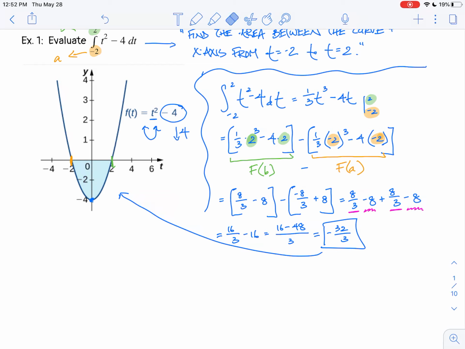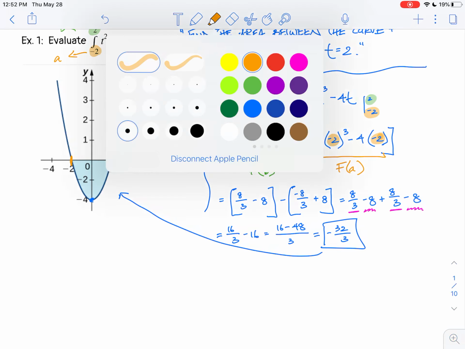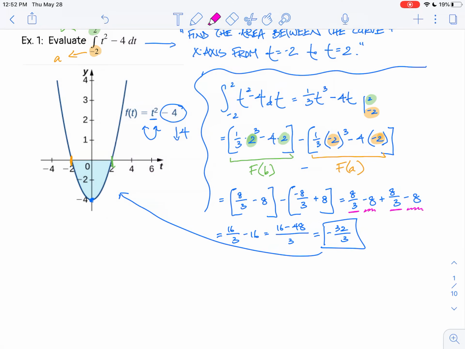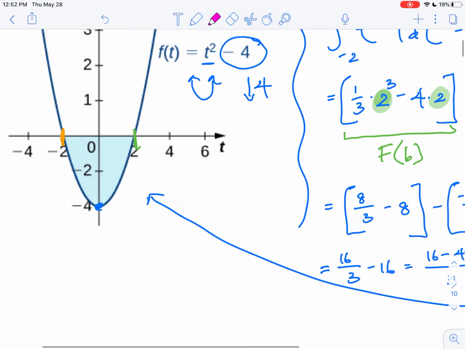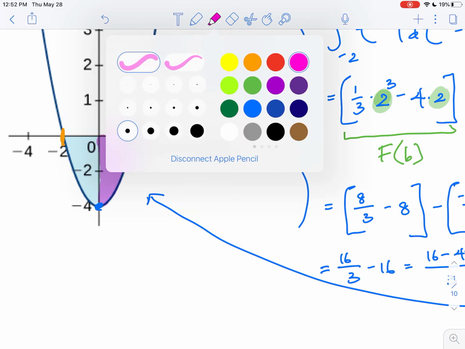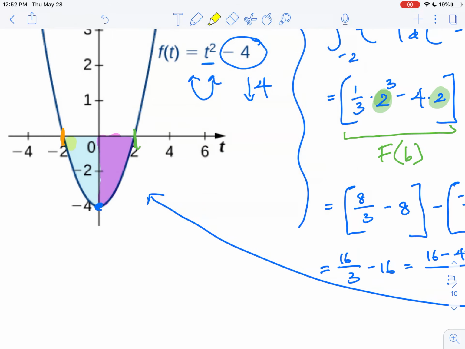I'm going to erase the pink blob, and let's take a look at this area in a slightly different way. So this area here, I notice that this side has the same exact area as this side, all right?